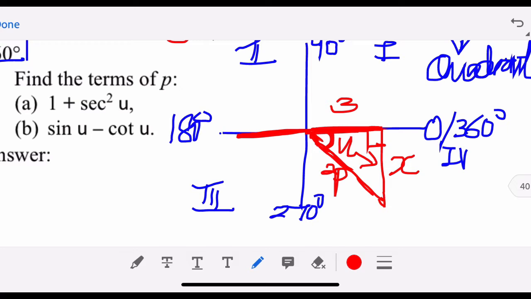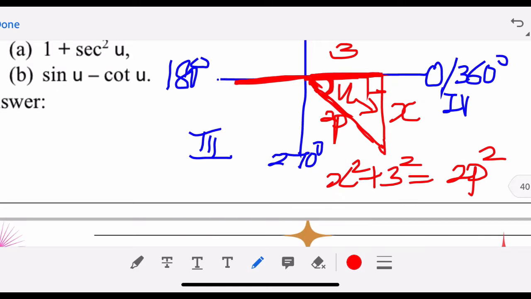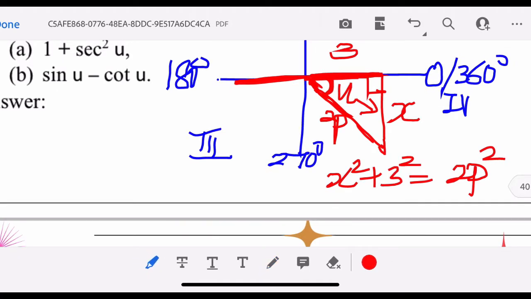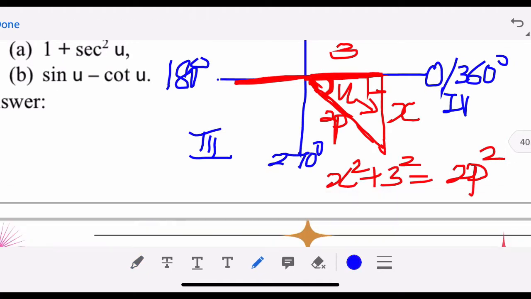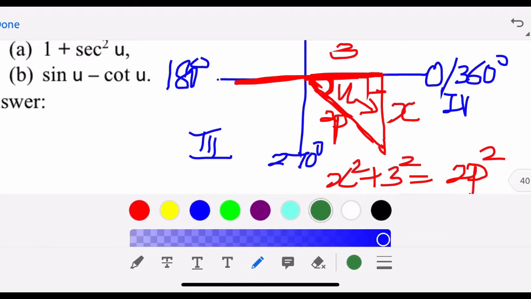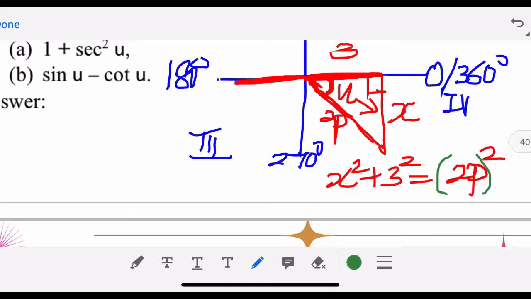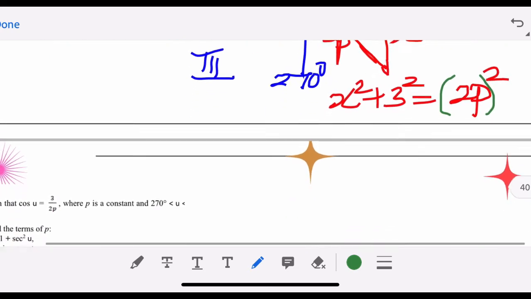So we want to find the opposite length. We use Pythagoras' theorem: x squared plus 3 squared equals 2p squared. Many of you will write it wrongly, which will cause the whole question to be unsolvable. Why? Because of that basic mistake, the whole question is affected. So be very careful with the basics.